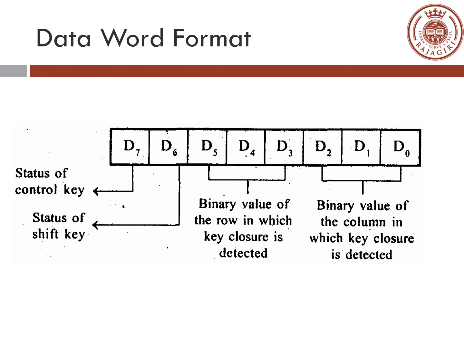That's an 8x8 matrix, so you have 3 bits to tell which column it is. And the next 3 bits D3, D4, D5 are the 3 bits which will tell which row has been pressed, and D6 and D7 are for the status of the shift and the control key. Have they also been pressed or not pressed, along with the key closure.